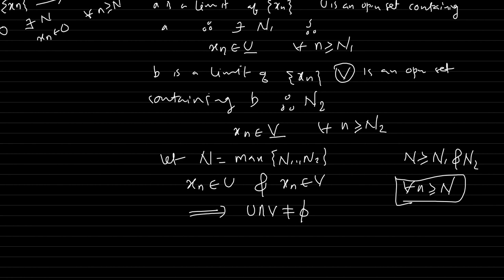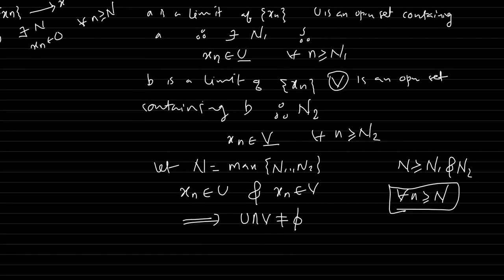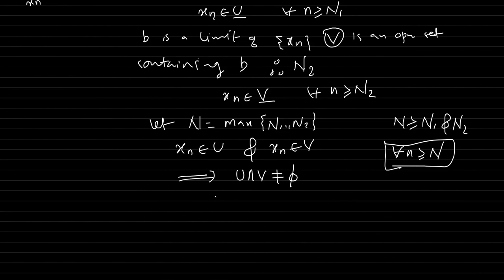But by our hypothesis, U intersection V is an empty set. This is a contradiction. Therefore, the two limits A and B must be equal. Therefore, A equals B. Okay.